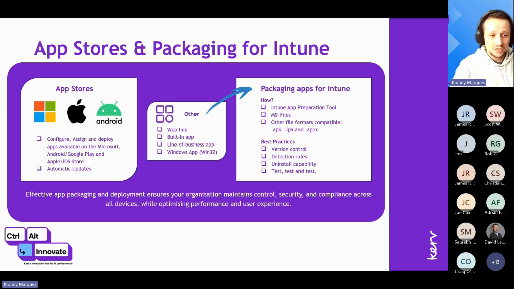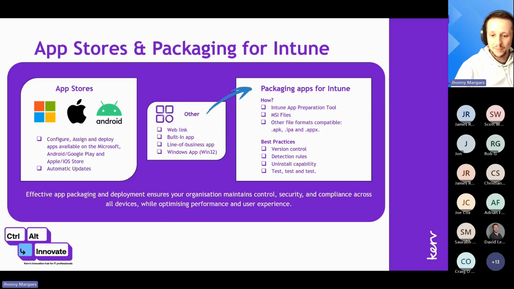But in a nutshell, you can prepare any type of application as long as you have an MSI file, a Win32 executable, or an APK file. You can package those using something called the Intune App Preparation Tool.